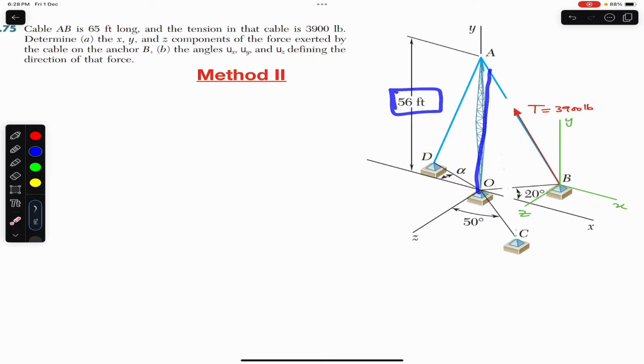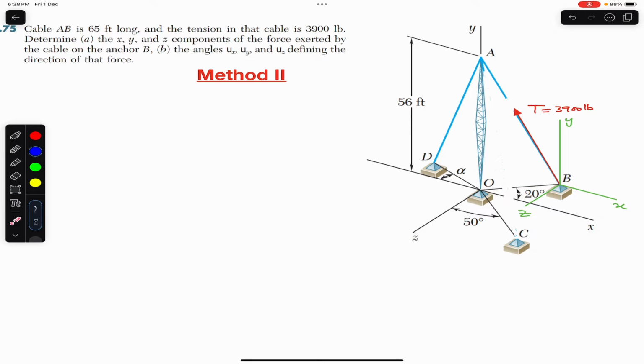This OB line is lying on the floor, that is in the XZ plane, and this pole is vertical, in the Y direction. This means that the OB line and the pole are making 90 degrees with each other.